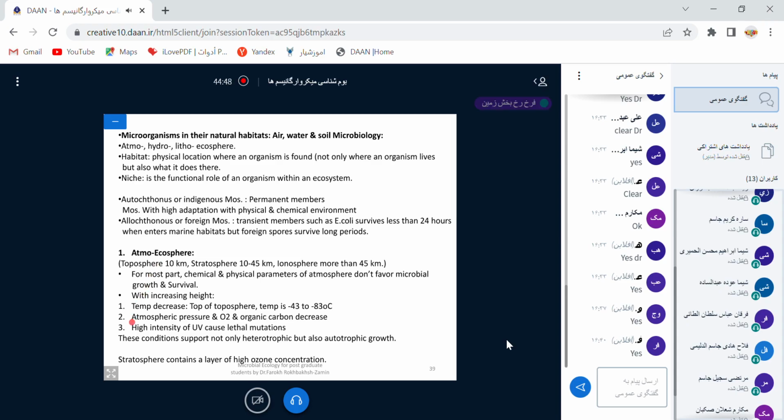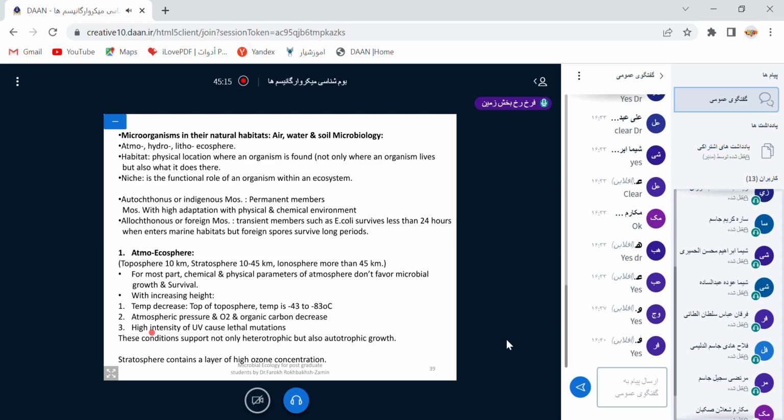Number two, atmospheric pressure. When you go up Everest, after some time you feel you cannot breathe. So you need an oxygen capsule because the pressure of oxygen is very low. And oxygen and organic carbon, as much as we go up, decrease.